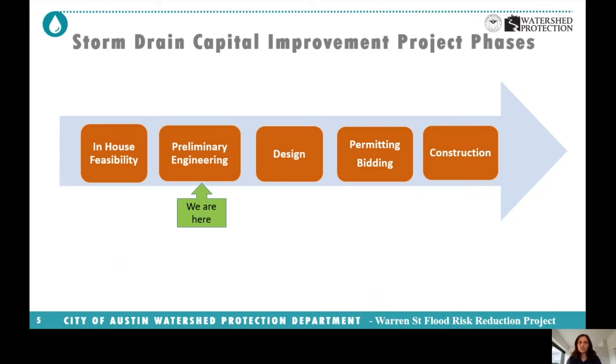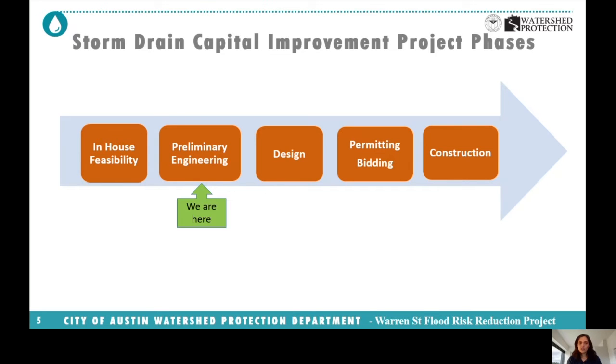During the preliminary engineering study, different options or alternatives are looked at to see what improvements can be done in the area to alleviate the flooding. At the end of the preliminary engineering study comes out an option or alternative that can help reduce the risk of flooding and which is constructible.